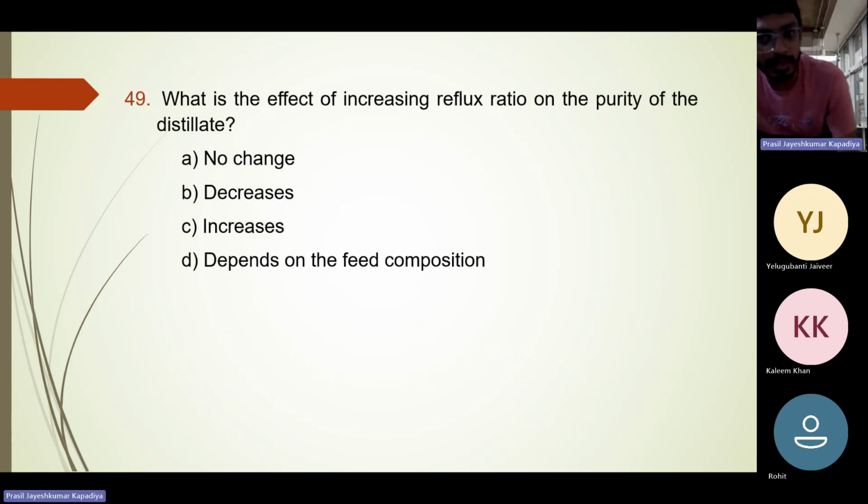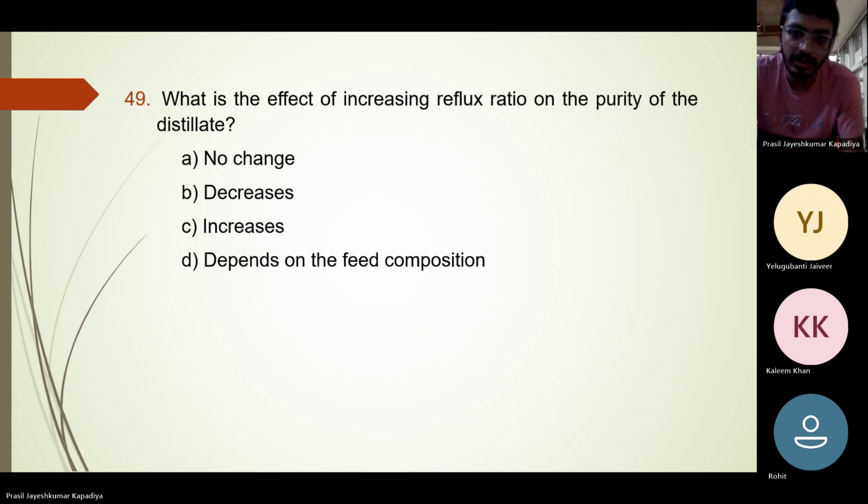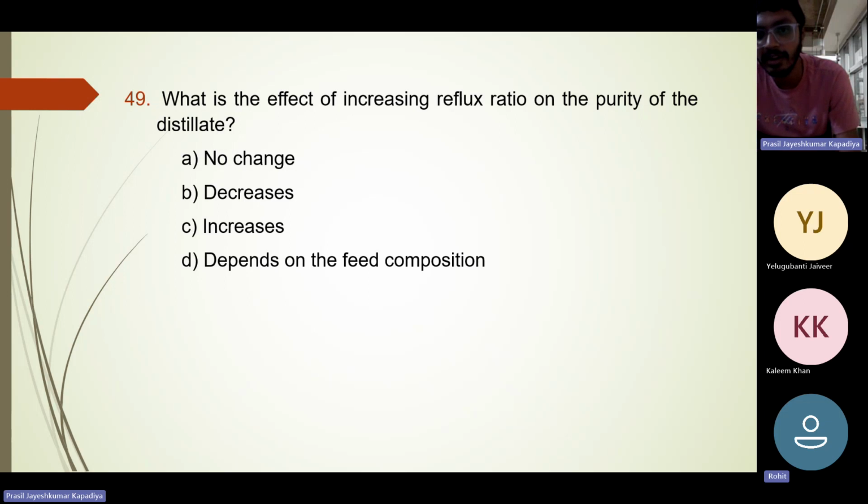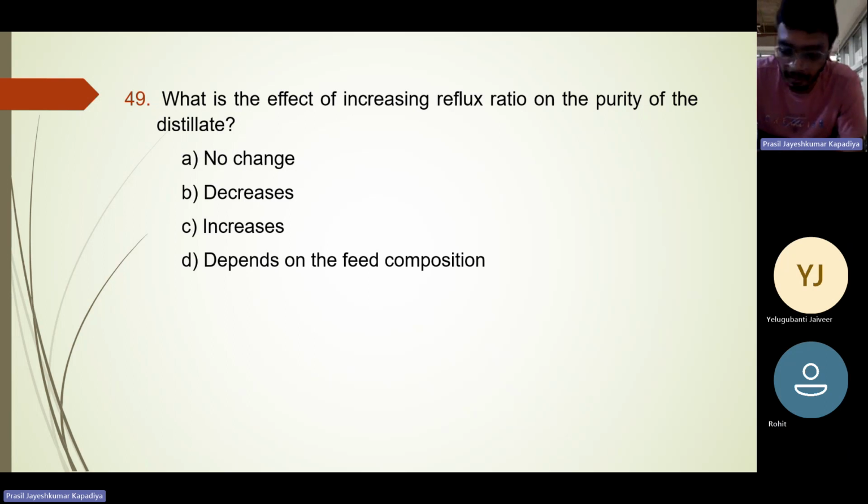What is the effect of increasing reflux ratio on purity? No change, decrease, increase, or depends on feed composition. It increases, right? What do we do in reflux? We remove some distillate and most of the liquid we feed back into the distillation column.